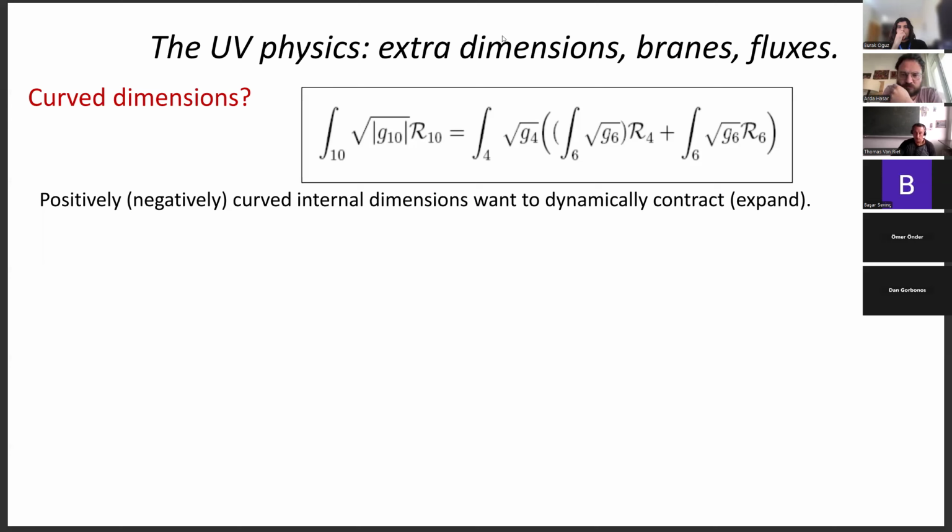So if you want to calculate vacuum energy, there are mainly 3 contributions in this corner of string theory. There is the curvature of the extra dimensions, which I will explain first. Then there are what we call branes, and then there are these fluxes, and all of them contribute to the vacuum energy. So how do curved extra dimensions contribute, right?